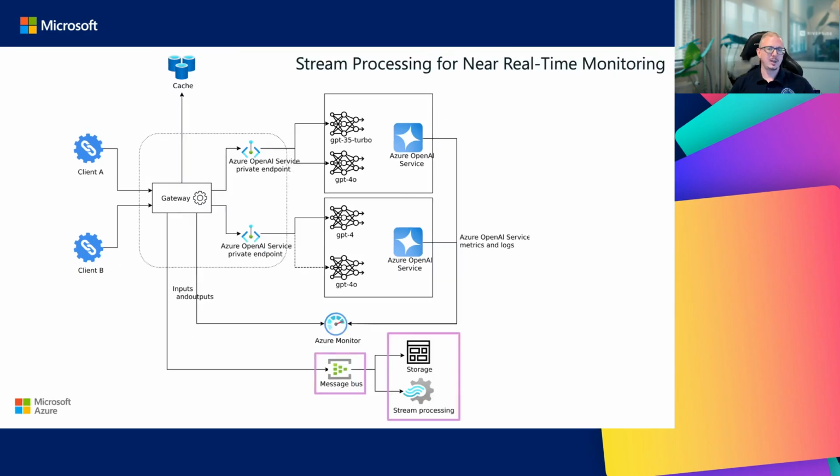and capability. And finally, one of the limitations of Azure Monitor is that it's not really designed for real-time processing, or sorry, real-time monitoring. So what we can do here is we've added in a message bus and stream processing, which allows us to capture what's going on from the gateway. We still have the cache for auditing inputs and outputs.